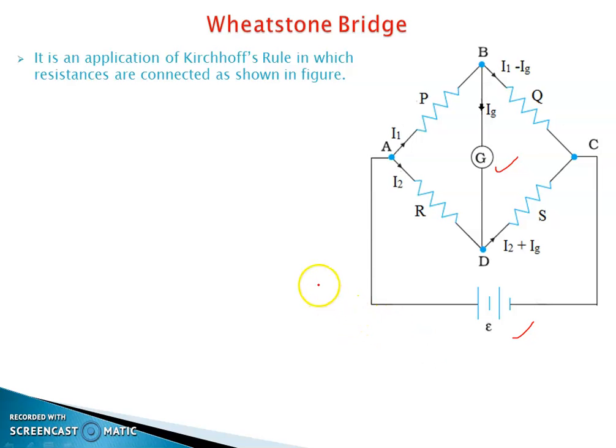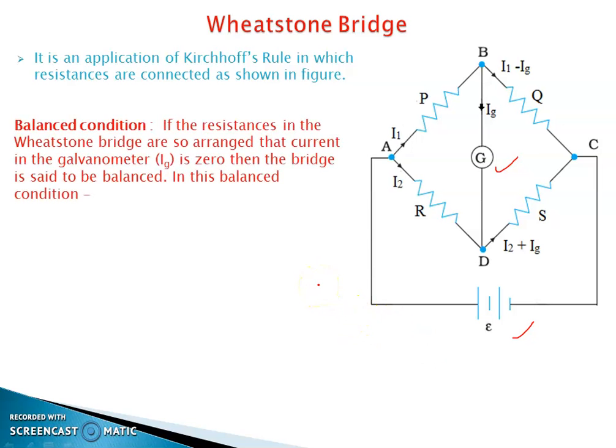right? So if this is the Wheatstone bridge and if it is balanced, now what is the meaning of balance? Balance means if galvanometer current is 0, if there is no current in galvanometer, then this bridge is called balanced bridge. Although it is Wheatstone bridge, balance means there is no current along the diagonal, right?